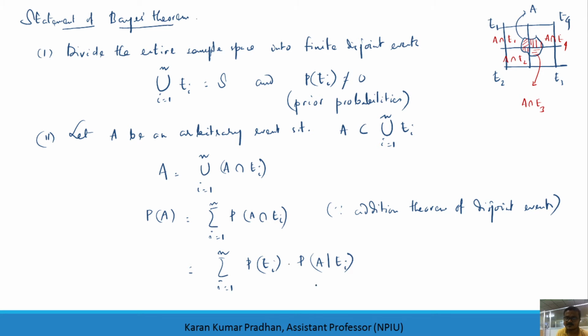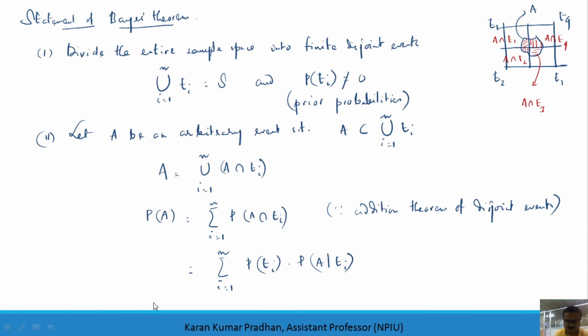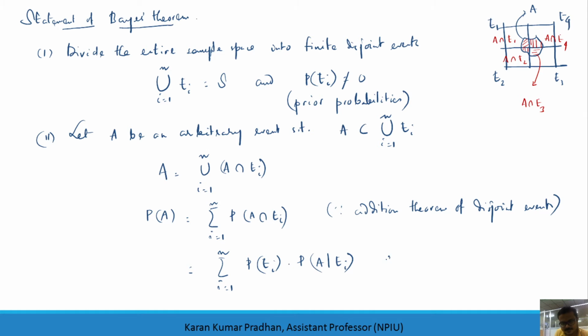These are what we have found for the reliable shock absorber from the stock: A given the supplies of X and the supplies of Y. See, these are 0.96 and 0.72 in this problem. So here, this is as per the multiplication theorem of conditional probability.